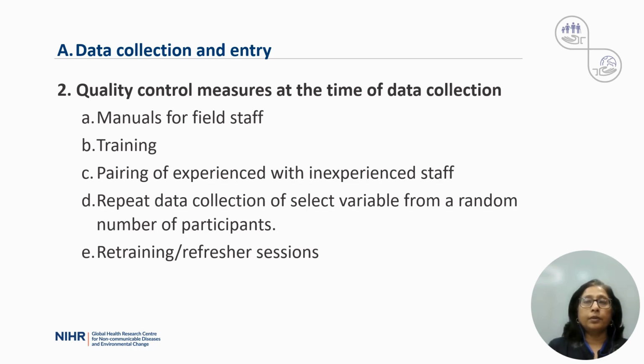A random number would help. Let us say there are 10 villages, and in each of the 10 villages there is one field staff collecting information. The supervisor might randomly pick 2 households from each village and go back and collect some of the critical information and check if there is any discrepancy.